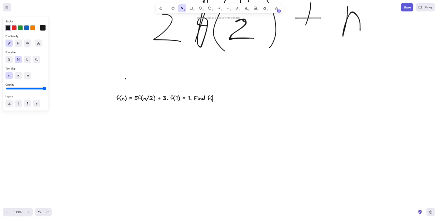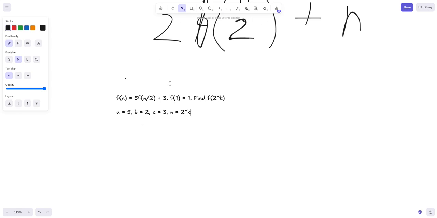Find f of 2 to the power k. So this is what we're supposed to do.